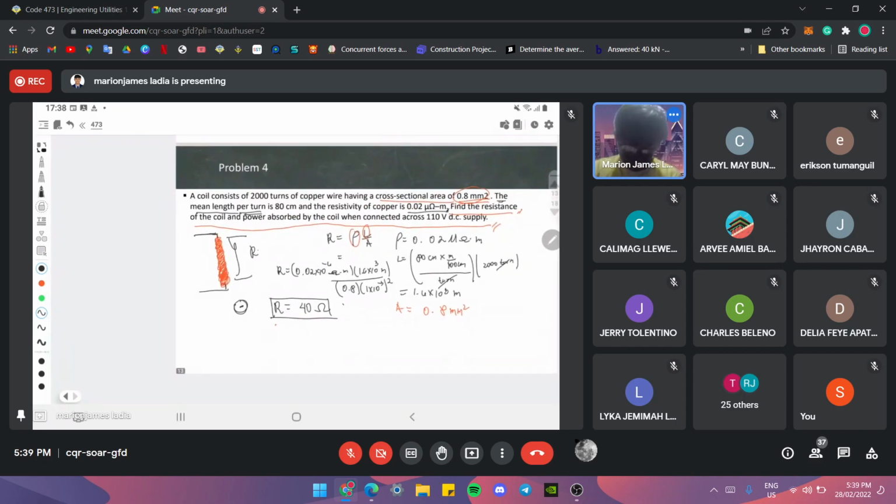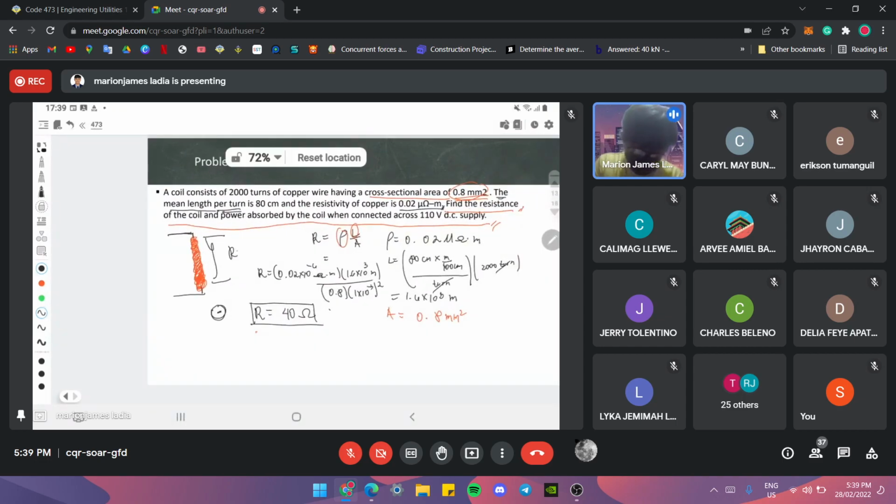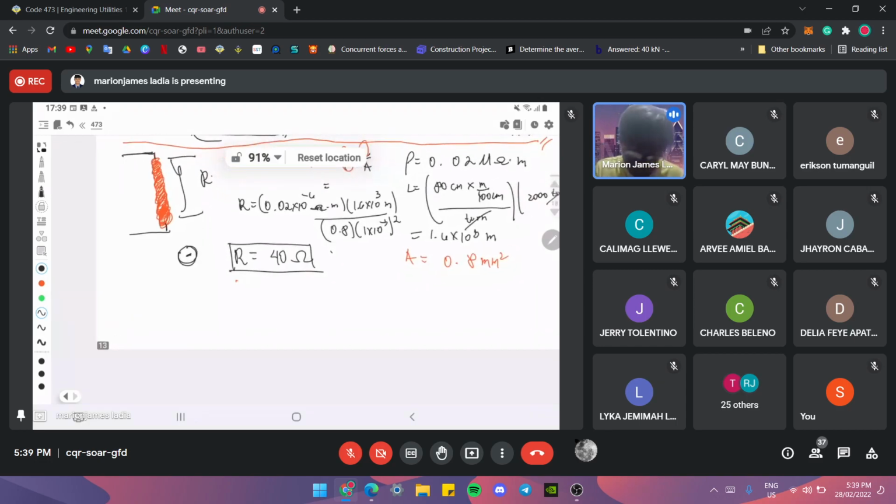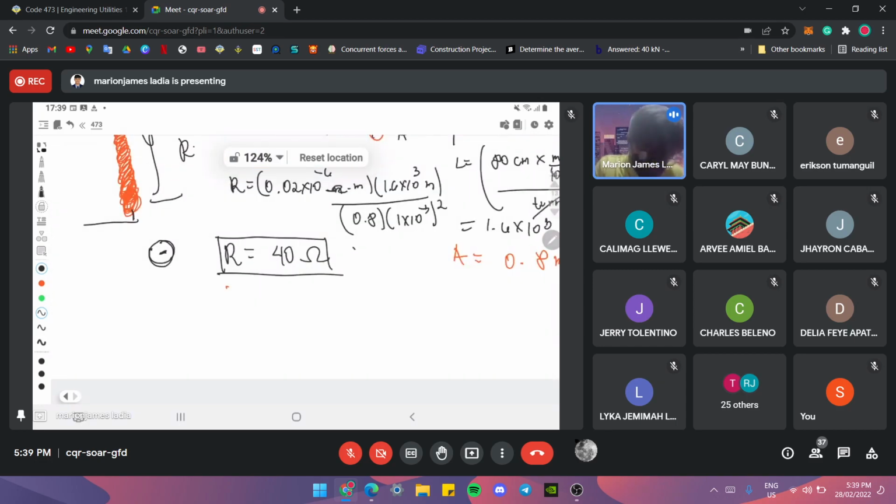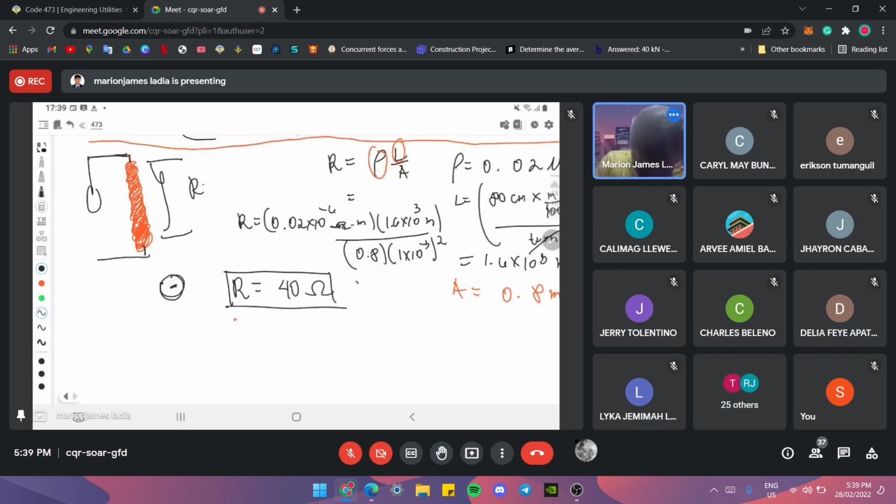And then, tinatanong niya is that, ano daw yung power absorbed natin when connected across sa 110 volts? So, paano ba natin i-drawing yan? Ngayon, itong coil na to, kinonvert na natin ito sa resistance. So, take note, meron tayong 110 volts daw dyan.